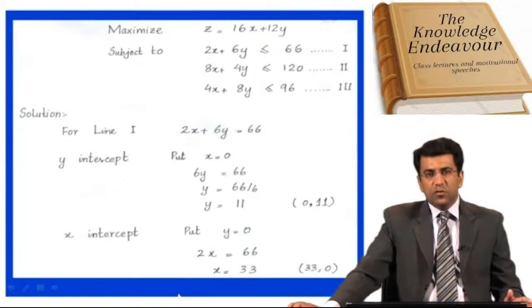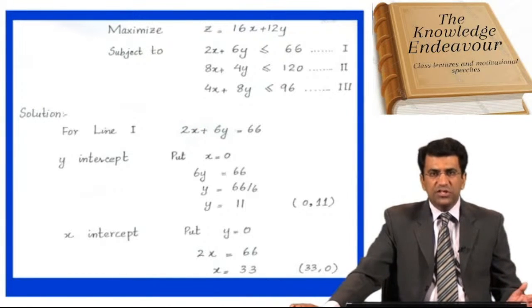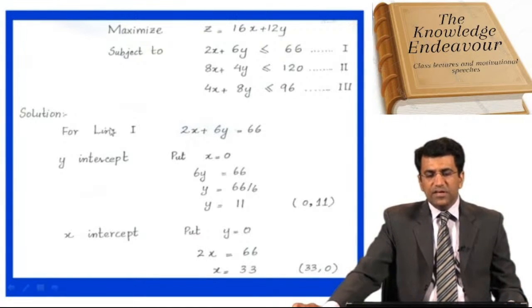Now again, we will solve this particular problem in a similar fashion as we did for the 2 constraints. What's the difference here? There are 3 constraints. There can be more constraints, but the method is almost the same. First we take line 1, the first constraint, and we put it to equality, that is 2x plus 6y is equal to 66.